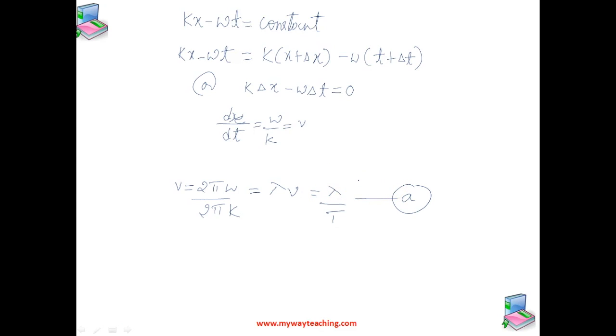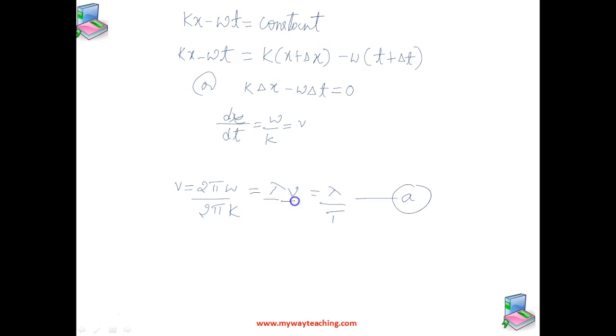And it should be noted that the speed of a mechanical wave is determined by the inertial and elastic properties of the medium. The medium determines the speed. And this equation A also relates wavelength to frequency, isn't it?